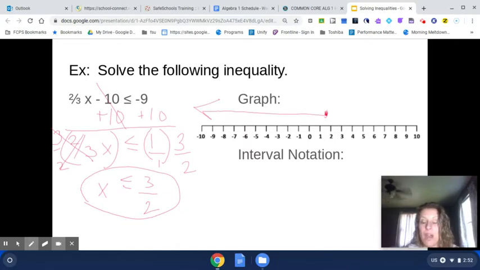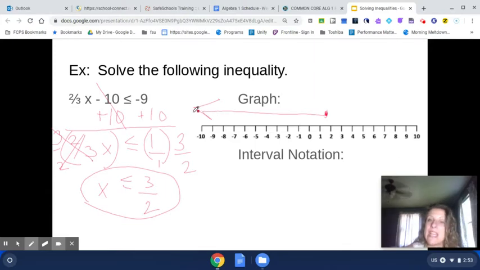Again, I could pick possible solutions. 0 would be in my solution set. Anything negative would be in my solution set. And 1.5, or 3/2, is in the solution set this time. If I write that in interval notation, again, I'm going to read from left to right. On the left side, notice the arrow, so it's going to keep going down.